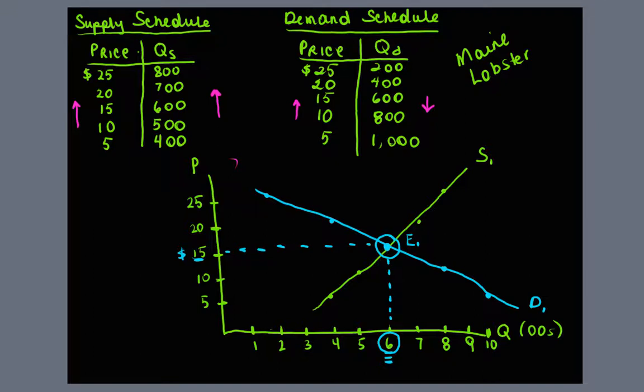Because those two things coincide, our market clears, or we are in equilibrium. We could have seen this from the schedules: at the price of $15, quantity supplied is 600, and at the price of $15, quantity demanded was 600.